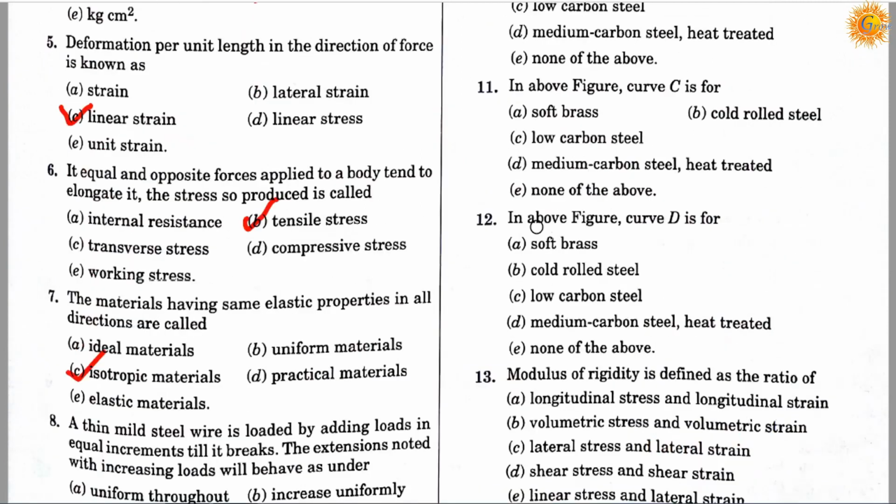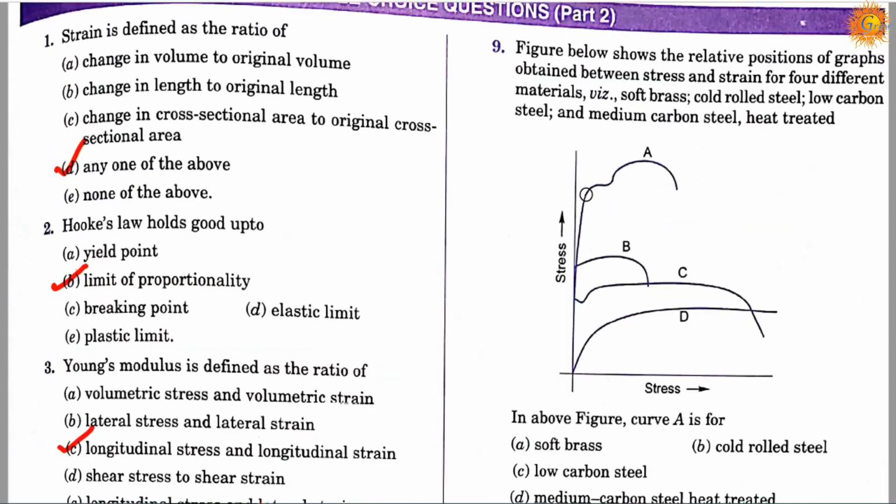Okay, question number 9. Figure below shows the relative positions of graphs obtained between stress and strain for 4 different materials: soft brass, cold rolled steel, low carbon steel, and medium carbon steel, heat treated.